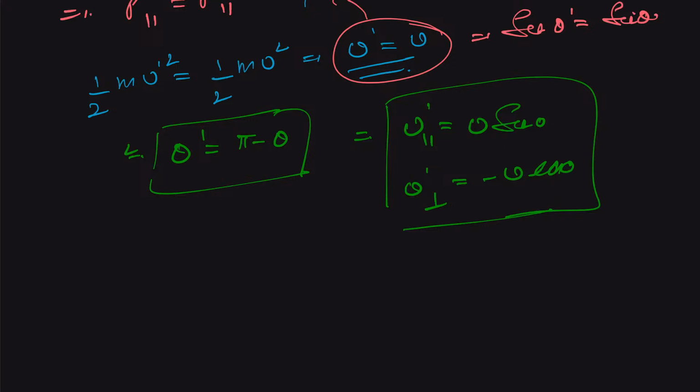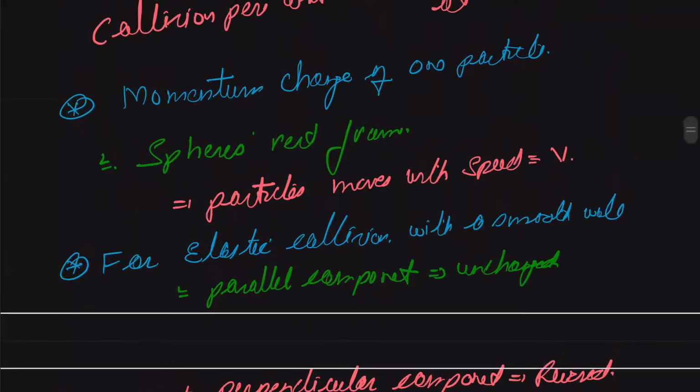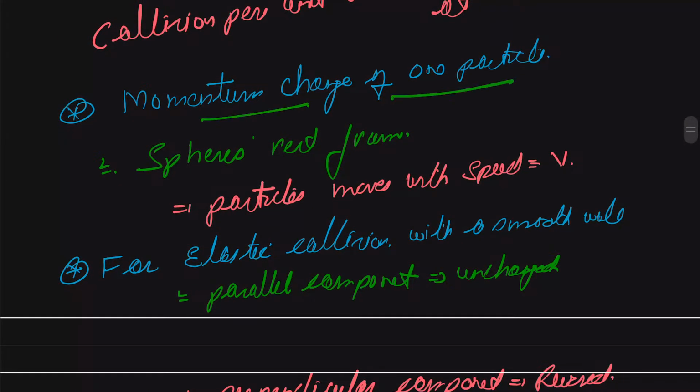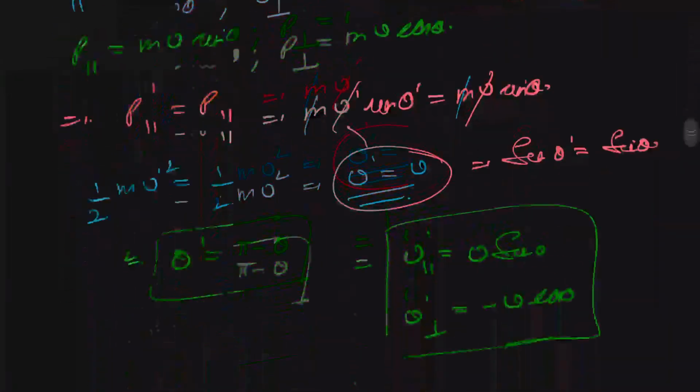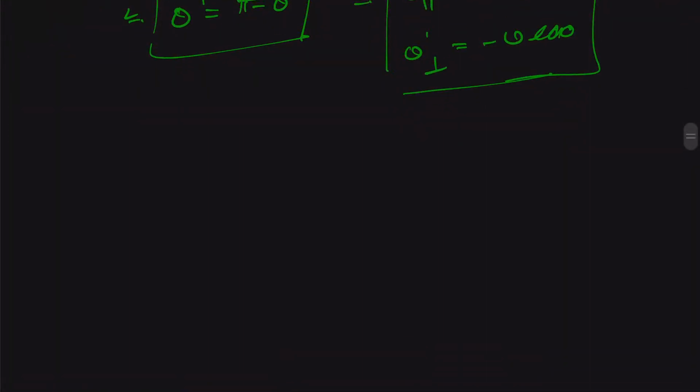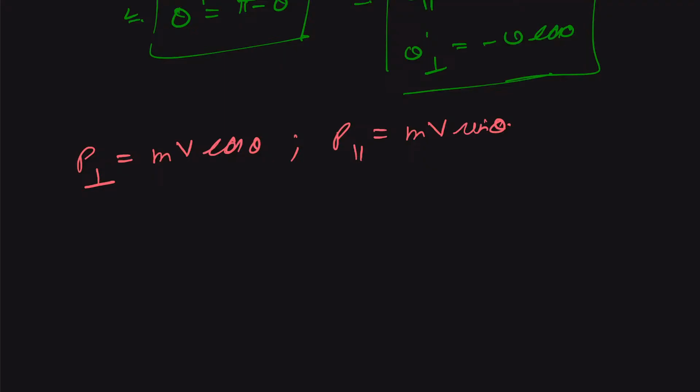Now we come back to our original portion, that is the momentum change in one particle. The perpendicular momentum will be equal to mv cos of theta, and the parallel momentum will be equal to mv sine of theta. Like we said, the parallel component is unchanged, the perpendicular component is going to reverse its direction.